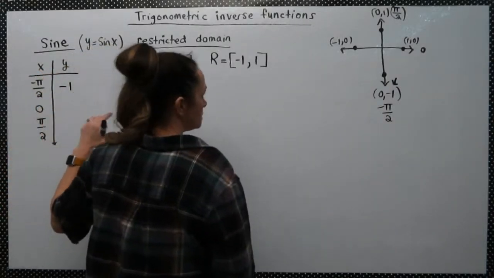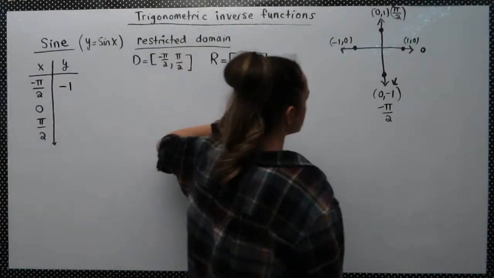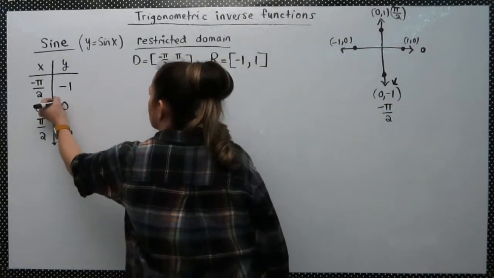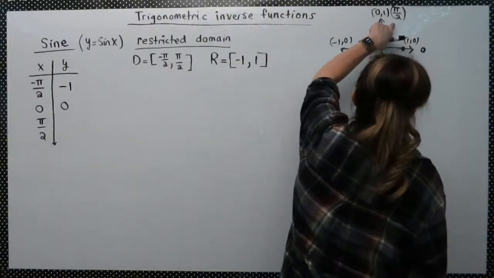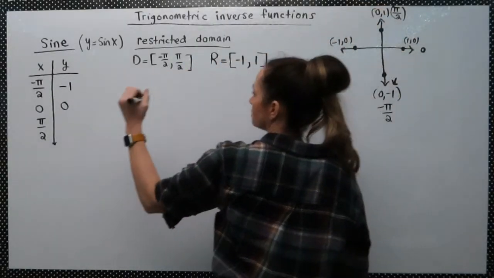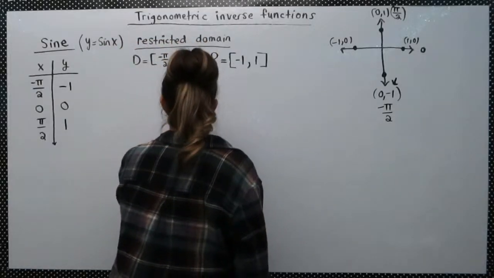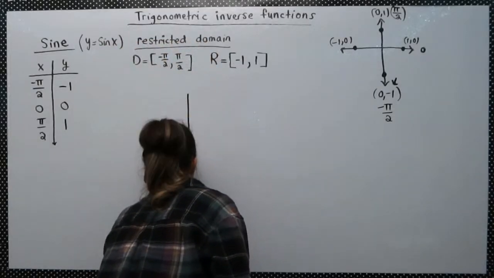Then at 0 degrees the sine value is 0, and at pi over 2 the sine value is positive 1. I'm sketching this big because I want to put the inverse in here as well.